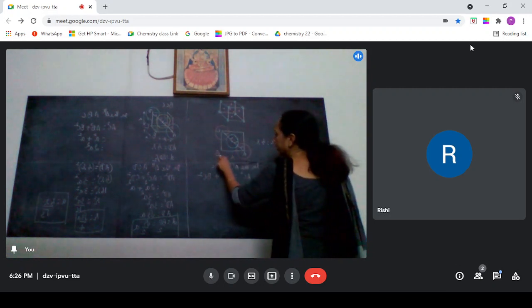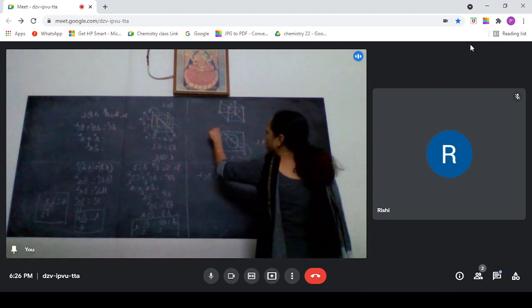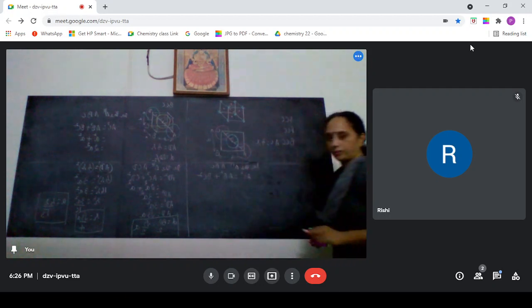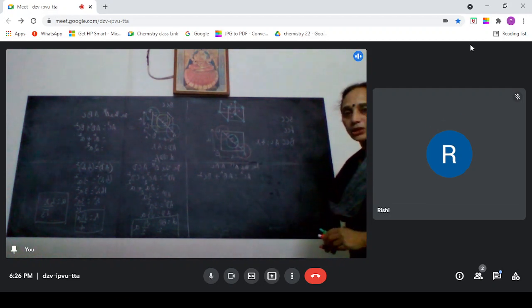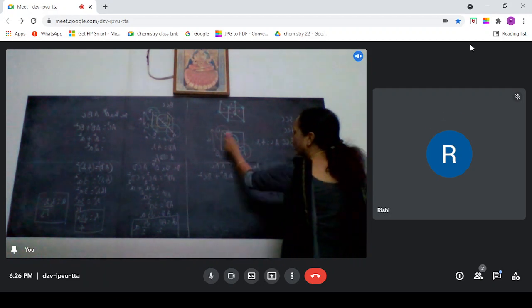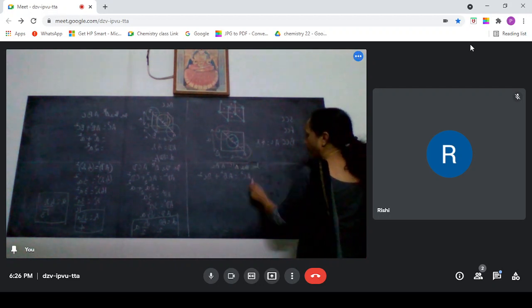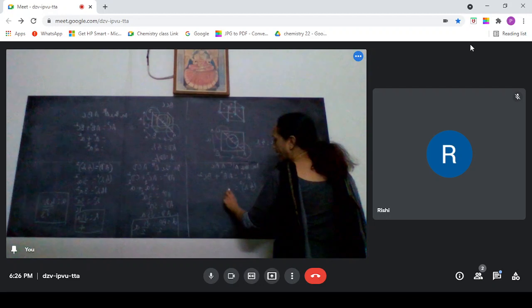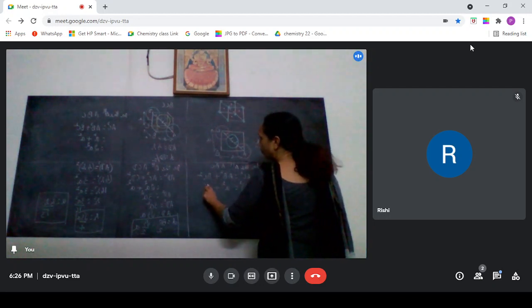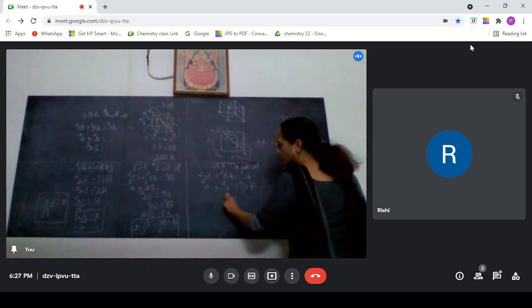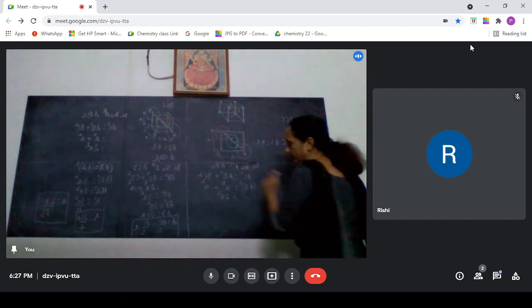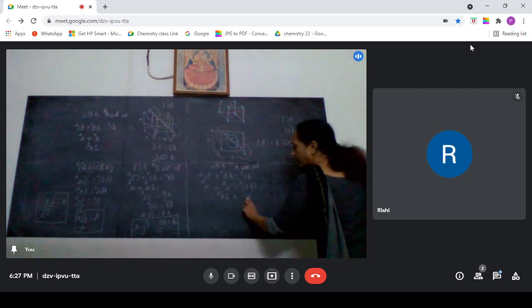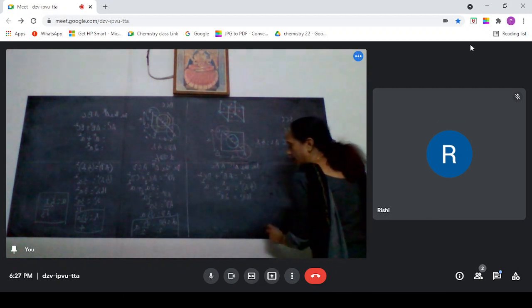AB is the edge length A and BC is also edge length A. So AC square is nothing but 4R whole square, equal to A square plus A square, so this will be 2A square. 16R square is equal to 2A square.